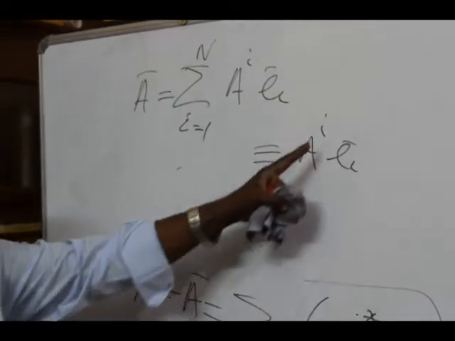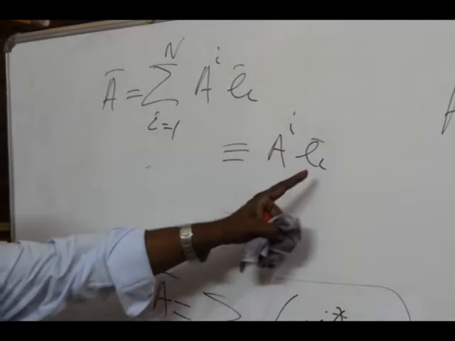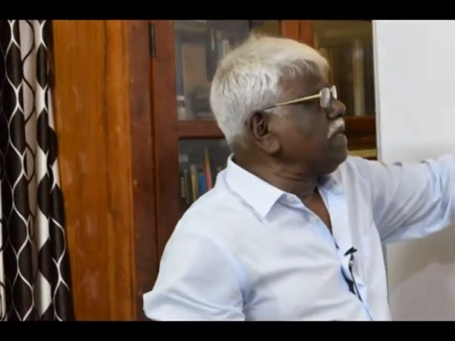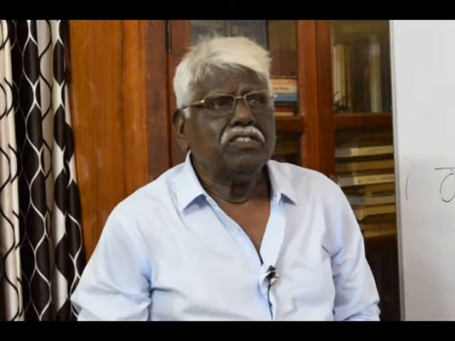How? One i is a superscript here and this i is a subscript, so it is a dummy suffix. Whenever a superscript is followed by a subscript like this, you just sum it in your own mind. He said it saves both space and time.